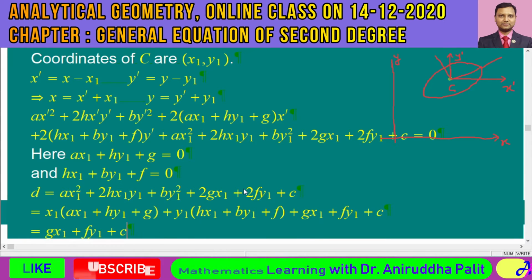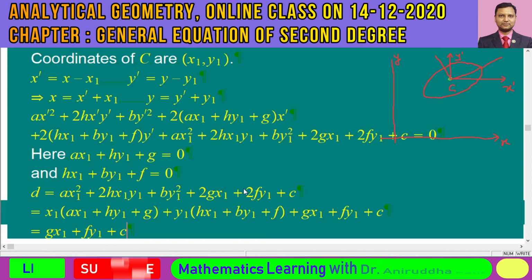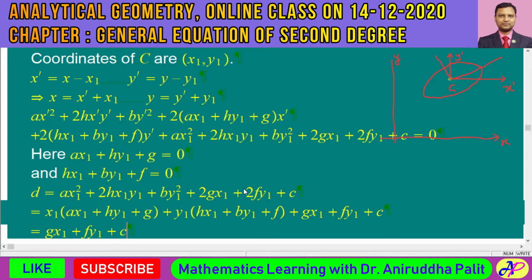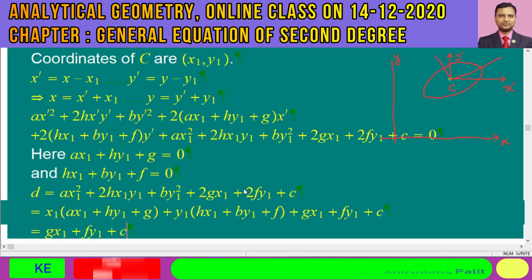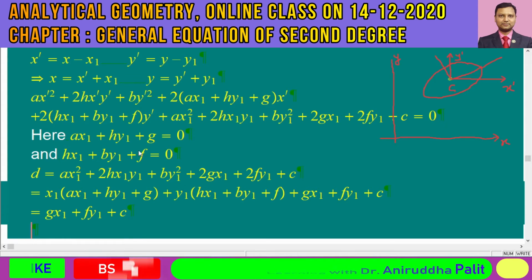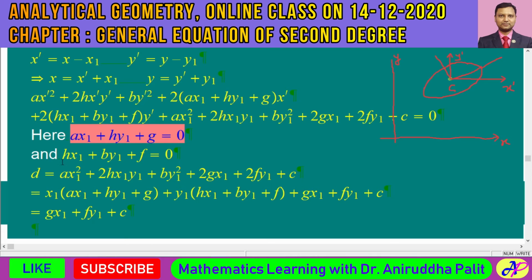In the chapter of pair of straight line, this much expression also vanished, but in the case of a central conic, for example an ellipse or hyperbola, this expression would not be equal to 0 in general. For a particular one or two examples it may be equal to 0, but it should not be equal to 0 in general.